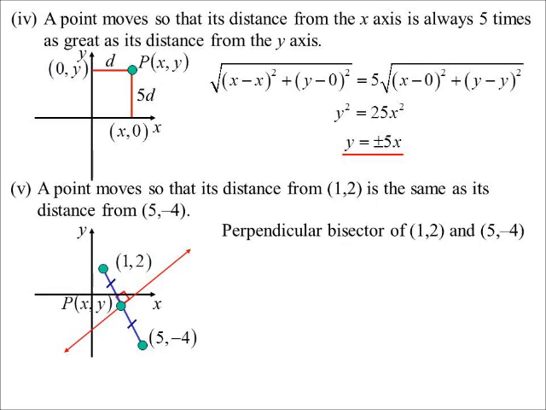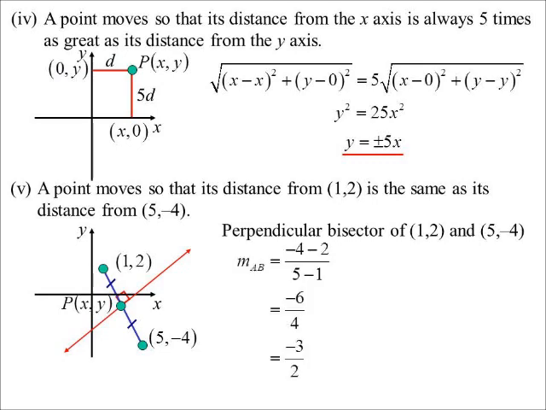Because if I was to pick another point, I could create congruent triangles. It would be side, angle, side. So it must be true anywhere on that perpendicular line. So all right, it's the perpendicular bisector of 1, 2 and 5, negative 4. So I can now go back to coordinate geometry.